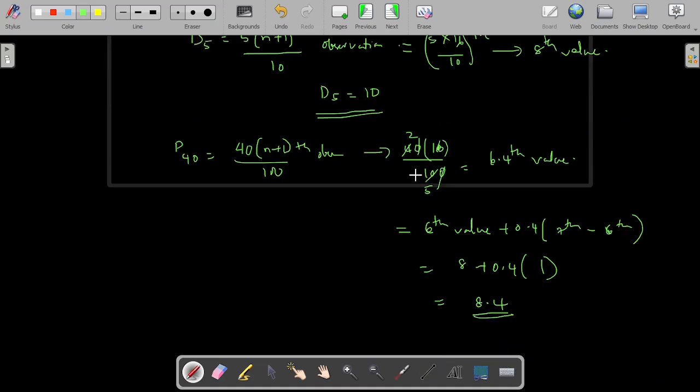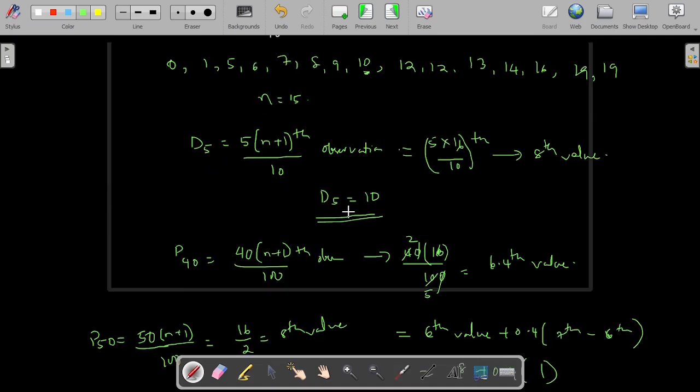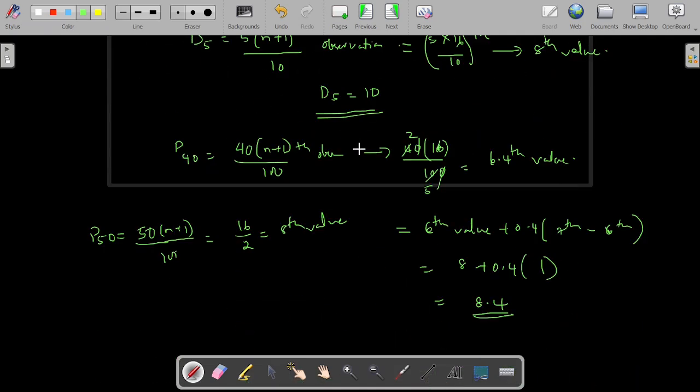You see, if you want to calculate P50, which is 50% of the data, that is 50 into (n plus 1) by 100th observation, which is equal to 16 by 2, which is the 8th value. What is the 8th value in the data? That is 10.